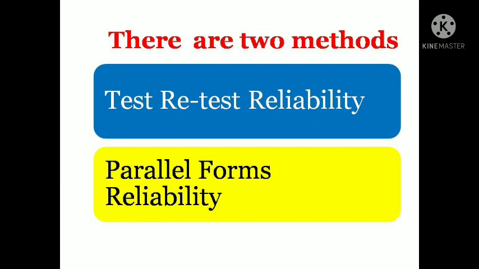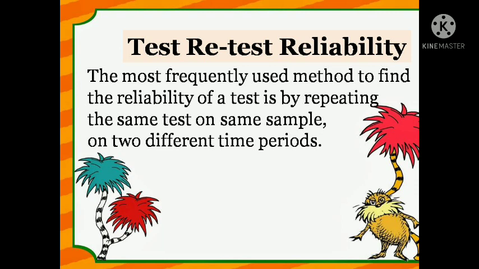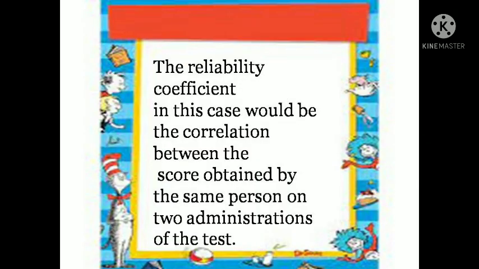Test-retest reliability. The most frequently used method to find the reliability of a test is by repeating the same test on the same sample at two different time periods. The reliability coefficient in this case would be the correlation between the scores obtained by the same person on two administrations of the test.